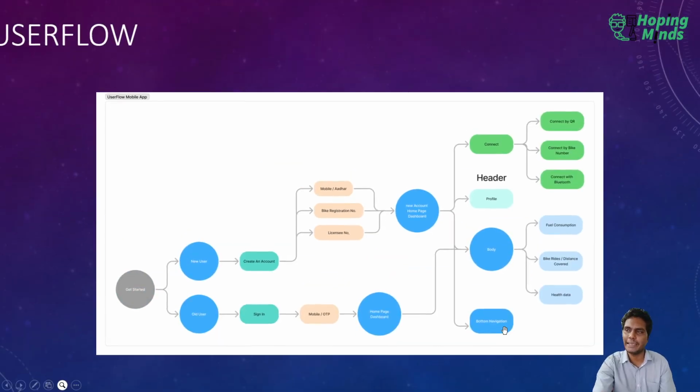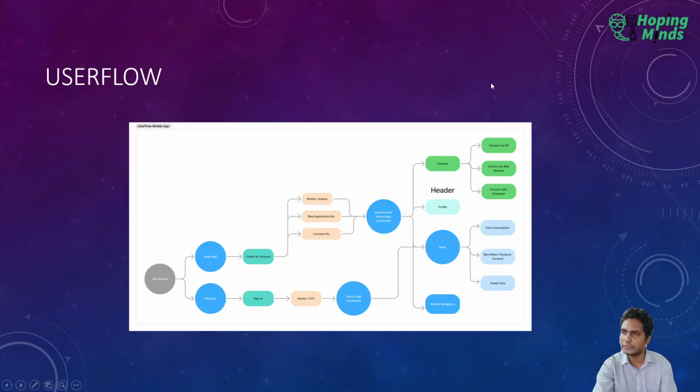So this is the base user flow you need to create whenever you are working on a real application, and this could help you. This goes parallel when you are working on a project. You create the base user flow, and then you keep working on it and keep building on it as the features increase.